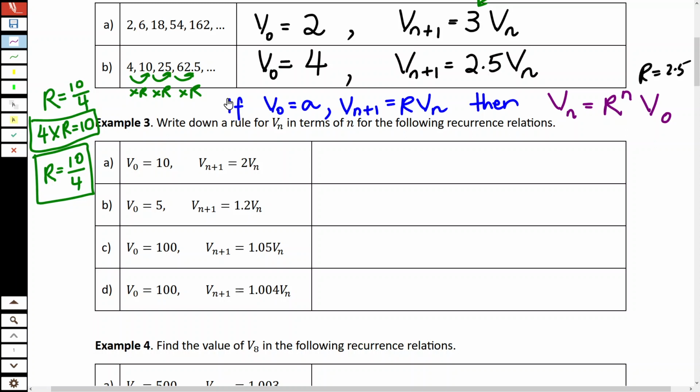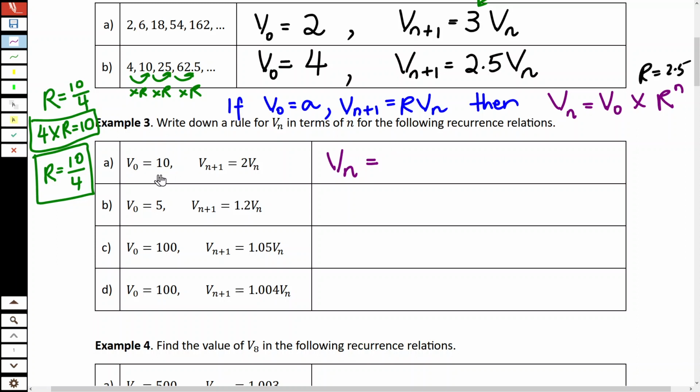Okay, so I'll do the first one for you. The first term is 10. I'm actually going to rewrite this so that it's clearer. V naught times R to the power of n. All right, so have a look up here. Here's my recurrence relation.